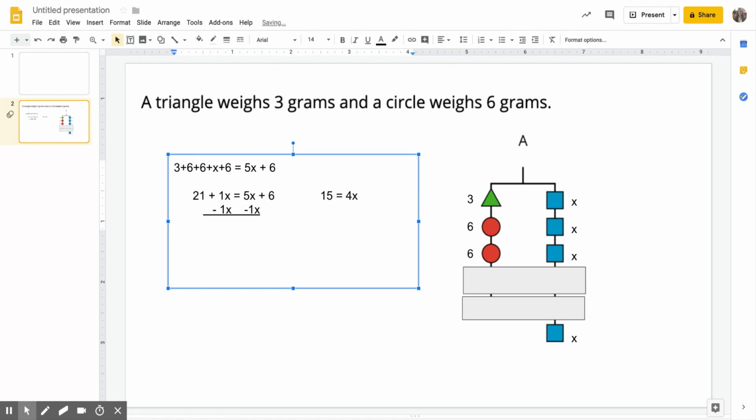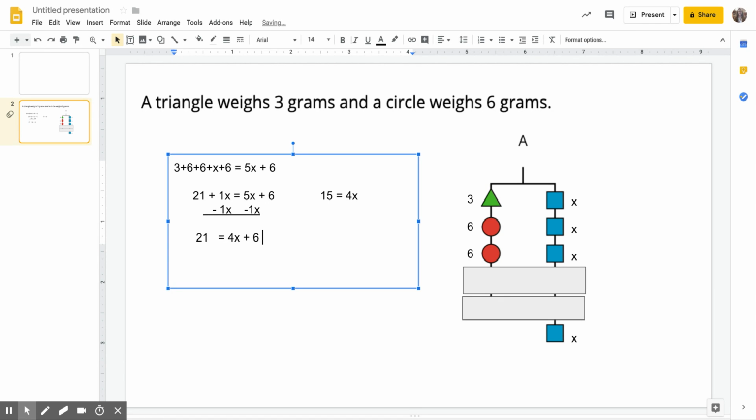So now I'm left with just 21, my positive 1x and negative 1x or zero pairs, so they disappear. And I know that 21 equals, again, 5x minus 1x is 4x plus 6.